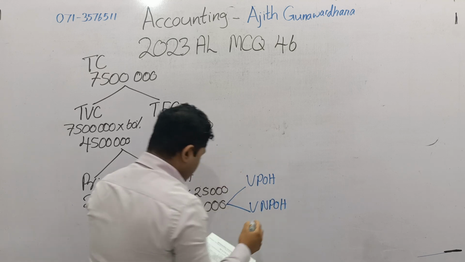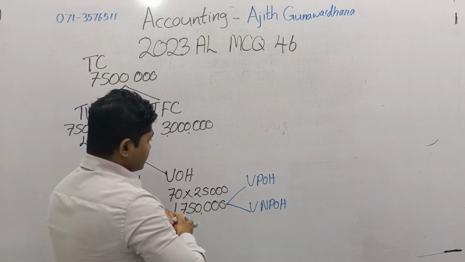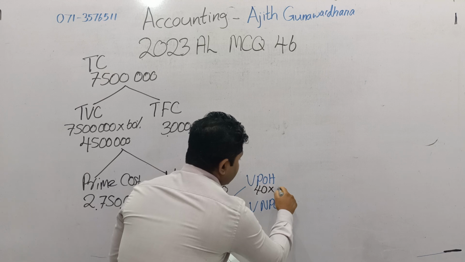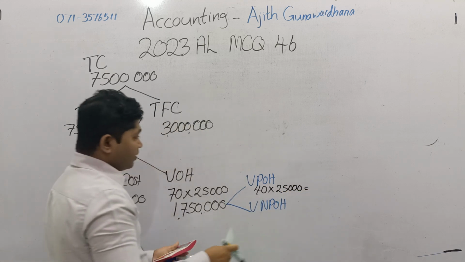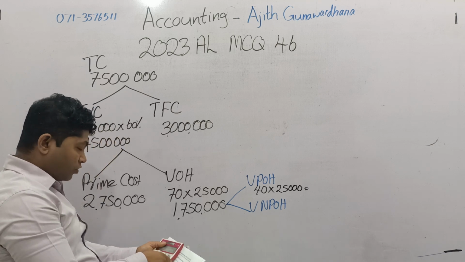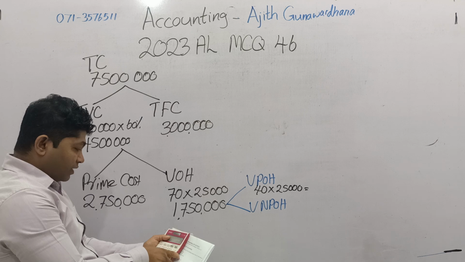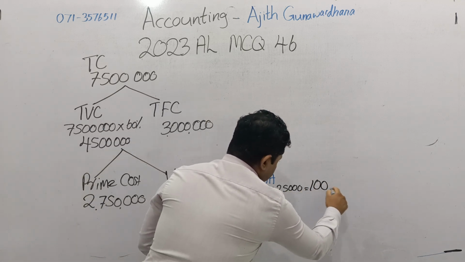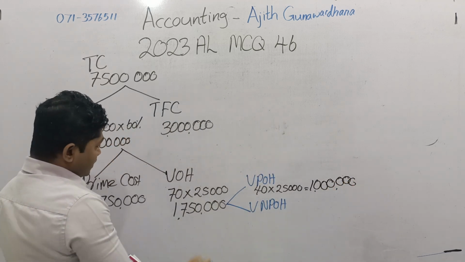It is given that the variable production overhead per unit is 40. Therefore, variable production overhead per unit, 40 into 25,000, gives the total variable production overheads of 1 million.